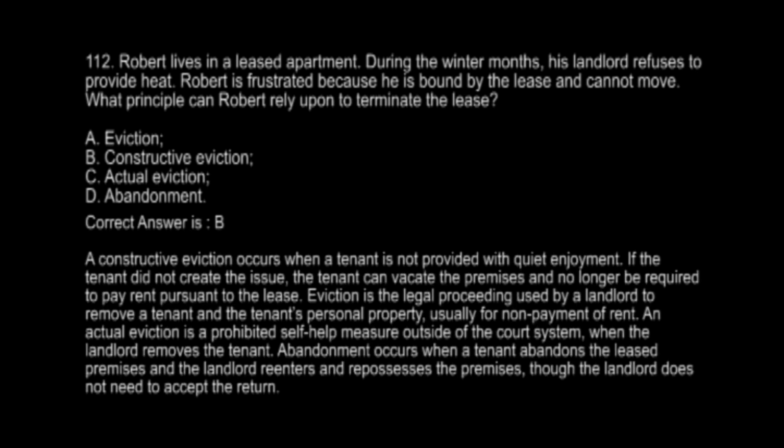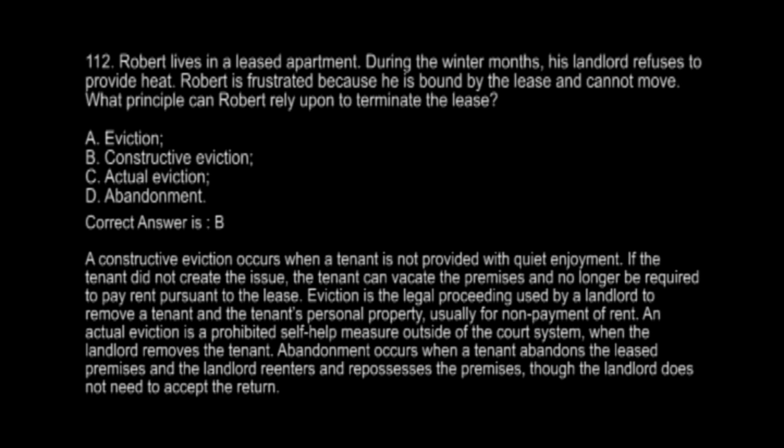Correct answer is B. A constructive eviction occurs when a tenant is not provided with quiet enjoyment. If the tenant did not create the issue, the tenant can vacate the premises and no longer be required to pay rent pursuant to the lease. Eviction is the legal proceeding used by a landlord to remove a tenant and the tenant's personal property, usually for non-payment of rent.